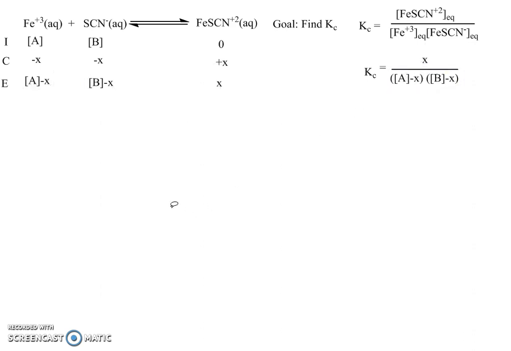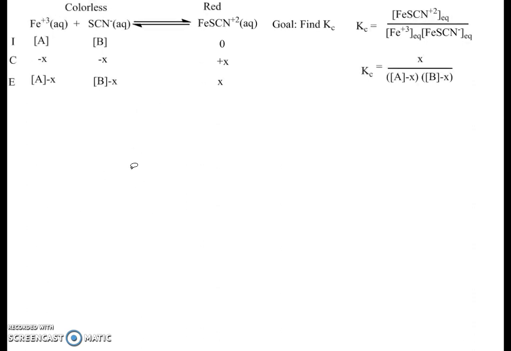So the question becomes, how do we measure the concentration of this product at equilibrium, or how do we find the concentration of anything at any state in this reaction? Well, we're going to take advantage of the way that our reactants and our products absorb light, because it turns out that both of our reactants are colorless, but when our product forms, it gives a red color.